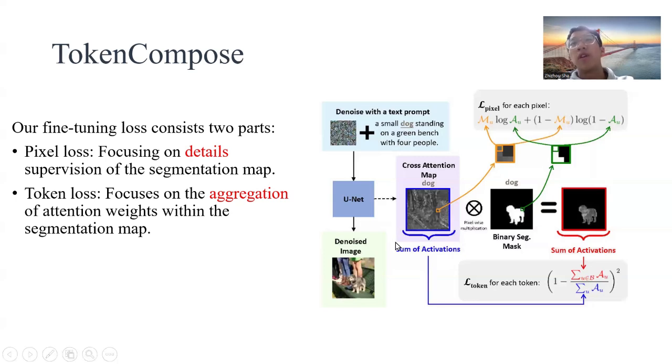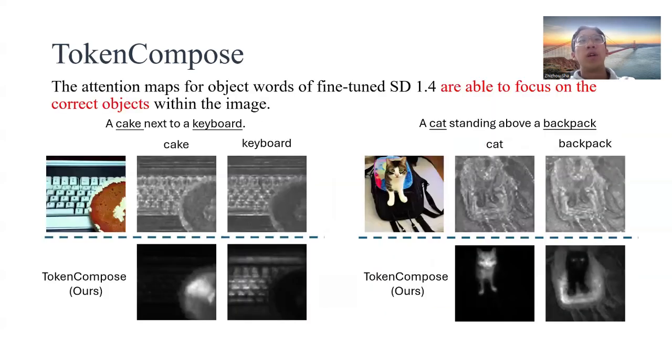We also have a summation of the original attention map. Then we hope the ratio of these two should be equal to 1. This indicates that we hope all the attention of the dog word should aggregate in the region where the dog is in the image. By using these two losses, we fine-tune our model.